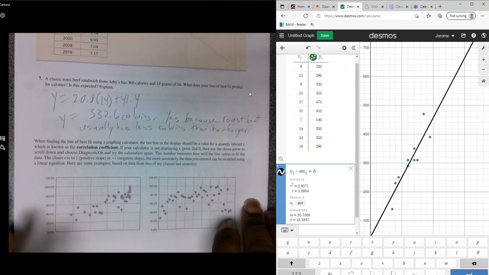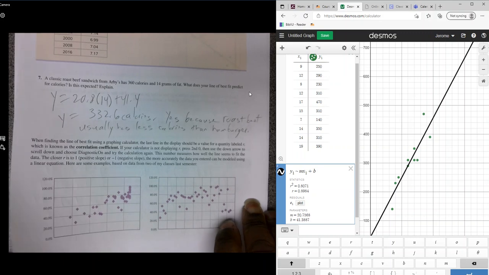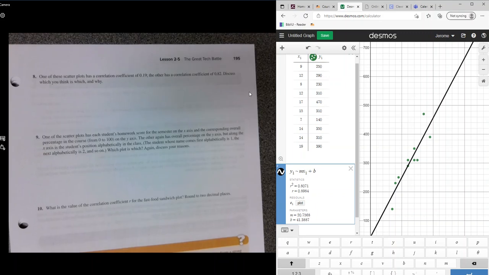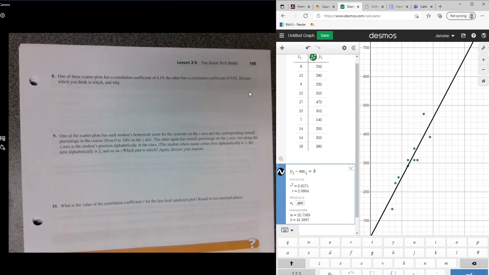It says one of these scatter plots has a correlation coefficient of 0.19. The other has a correlation coefficient of 0.82. Discuss which you think is which and why. Okay, now, whichever one of these looks more like a straight line will be the one that will have the higher correlation coefficient, which seems to be this one here.